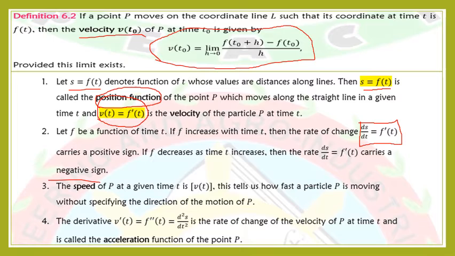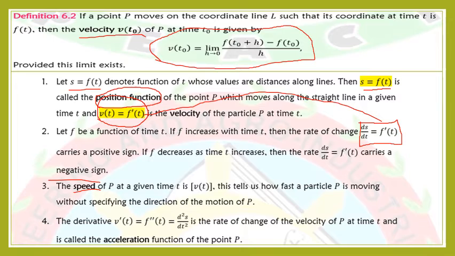So actually class, etong ds over dt equals f prime of t, equivalent lang yan doon sa v of t equals f prime of t. Velocity pa rin yan ng particle P at time t. The speed at a given time t is the absolute value of v of t. This tells us how fast a particle is moving without specifying the direction of the motion of P.